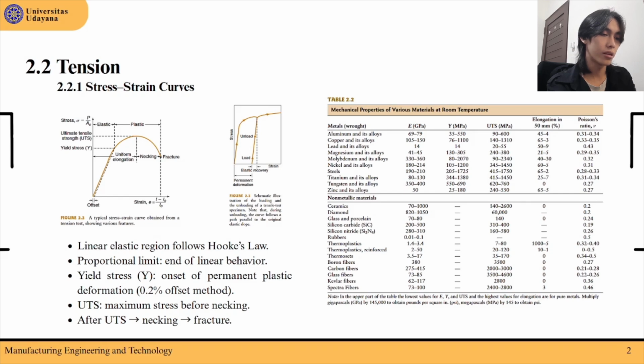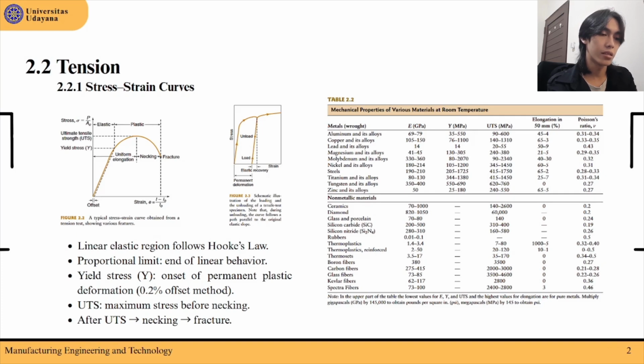The stress strain curve shows how materials behave under load. In the elastic region, the material follows Hooke's law and returns to its original shape when unloaded. Beyond the proportional limit, plastic deformation begins.